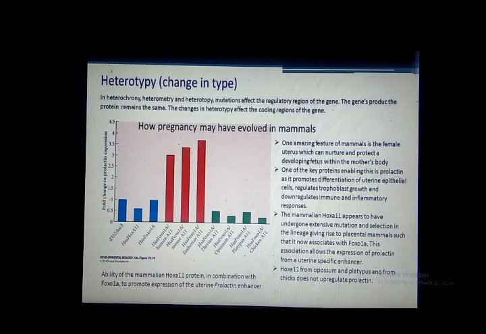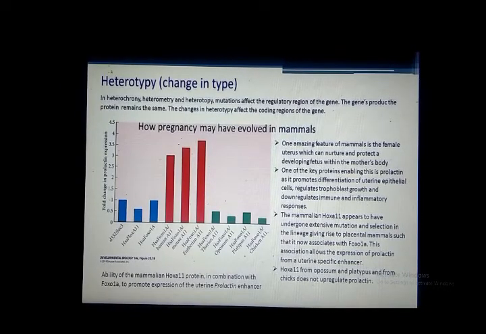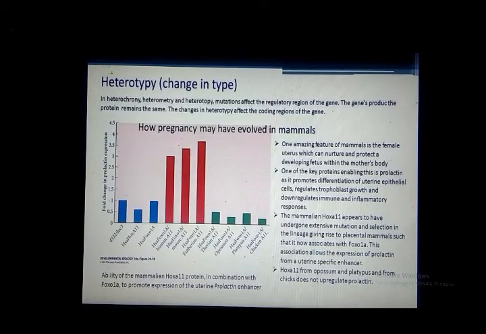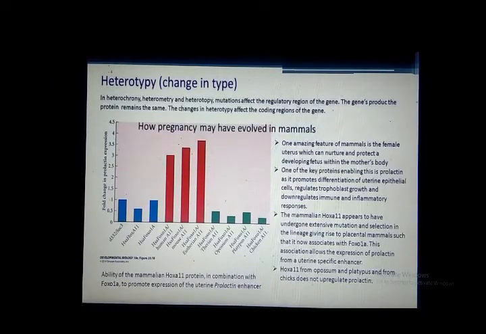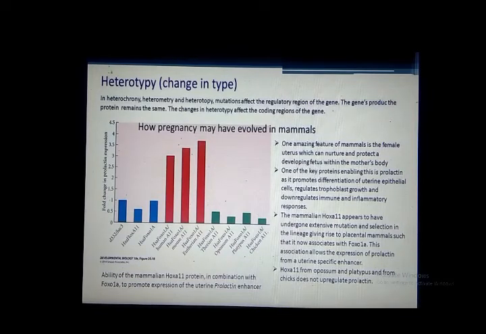So this is the graphic about how pregnancy has evolved in mammals. And as you know, one amazing feature of mammals is the female uterus, which can nurture and protect a developing fetus within the mother's body, and one key protein enabling this is prolactin, which promotes differentiation of uterine epithelial cells, regulates trophoblast growth, and down-regulates the immune and inflammatory response.